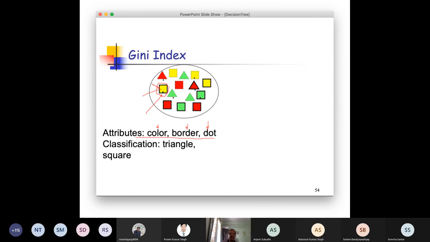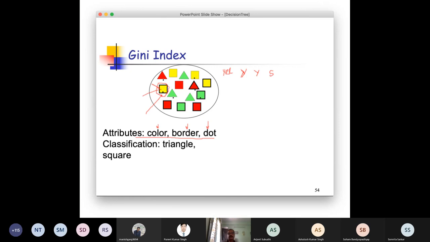They are shapes. So this training example, if I convert it into textual form, I will write: attribute color is yellow, border yes, dot yes, and what is the label? Say the label in this case is square, so the label is S. Is it clear?